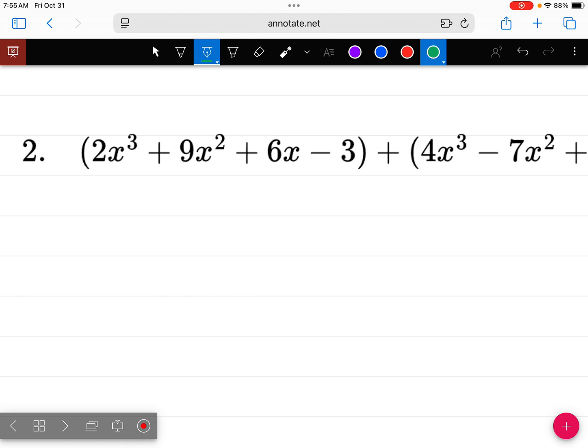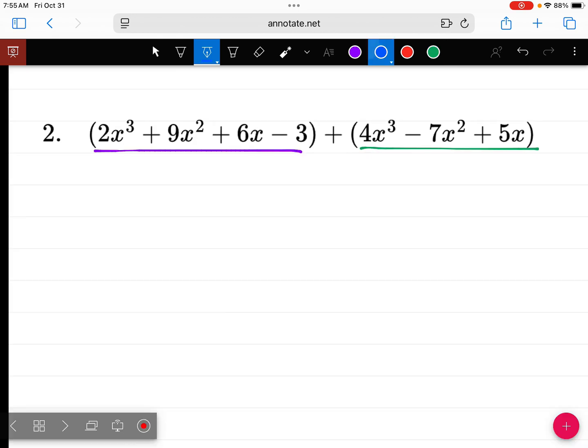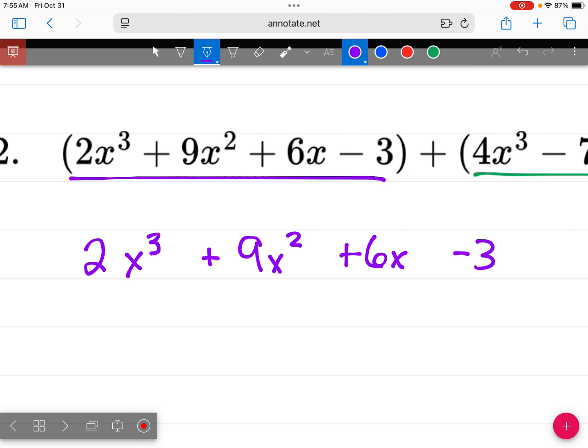And again, we're given a couple of polynomials. And we want to add those together. If I want to be able to add this piece and this piece, I'm going to take this one, my 2x cubed plus 9x squared plus 6x minus 3.